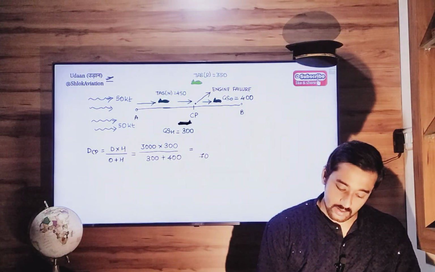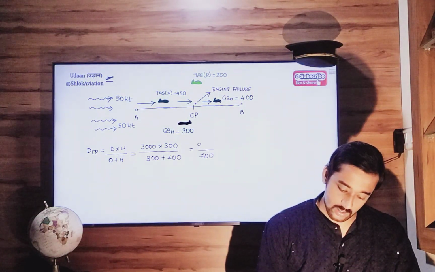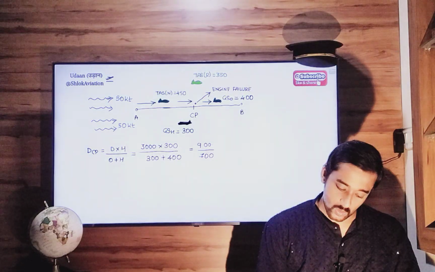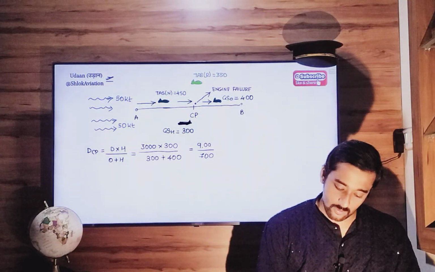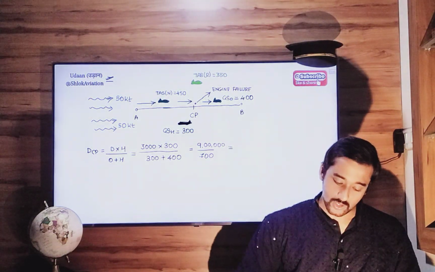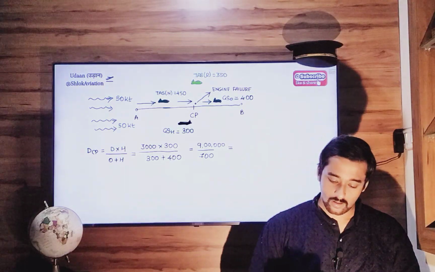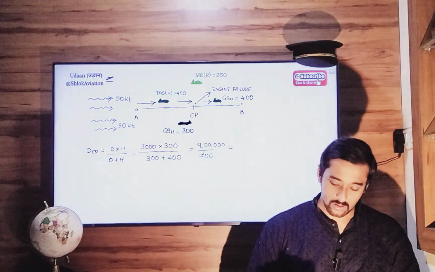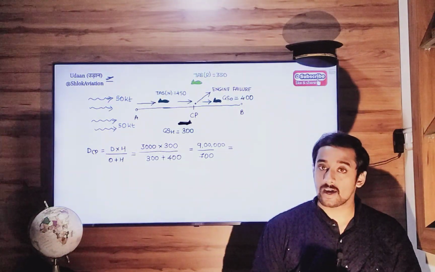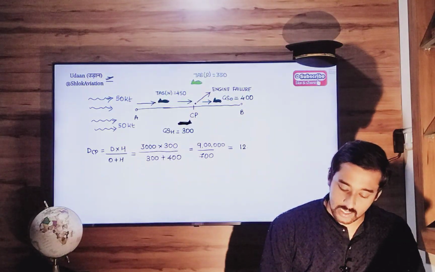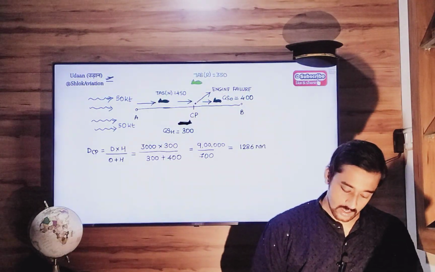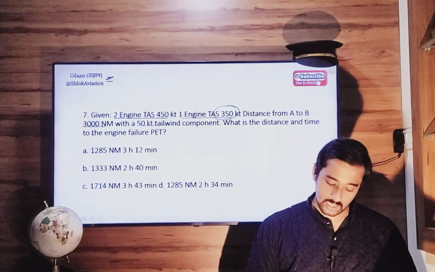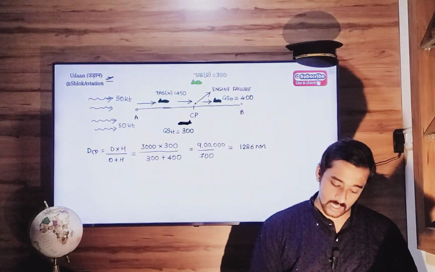So 700 denominator. This is 1285.7, 1286 nautical miles. So 1286, we have option A and delta.